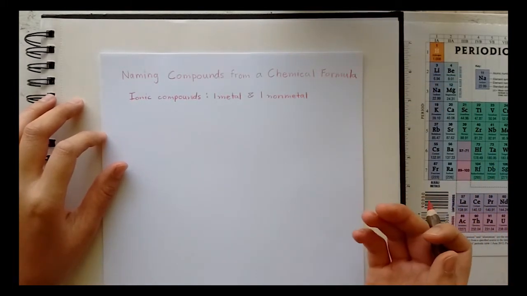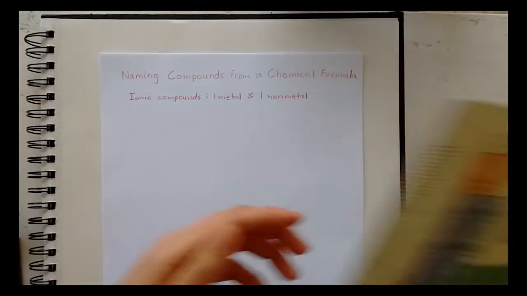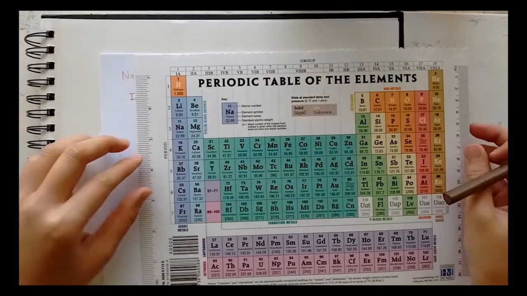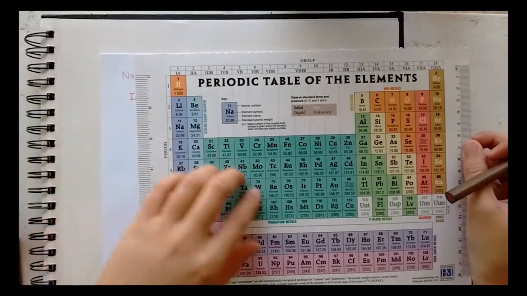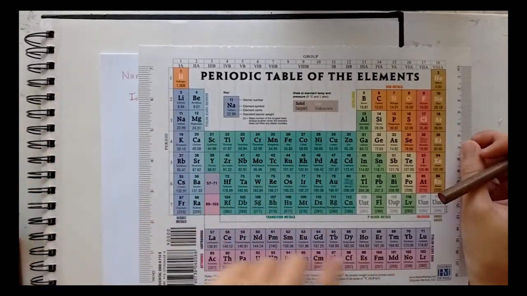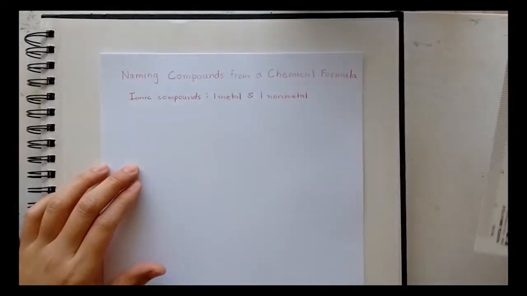And whether an element is a metal or a nonmetal can be seen from the periodic table, right? So from here, we can see from the key that most of the elements are metals, right? So this whole area, right? And then the nonmetals are over to the right.